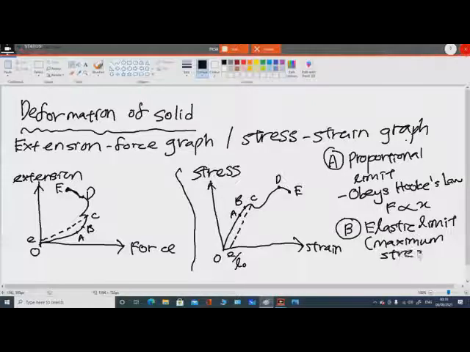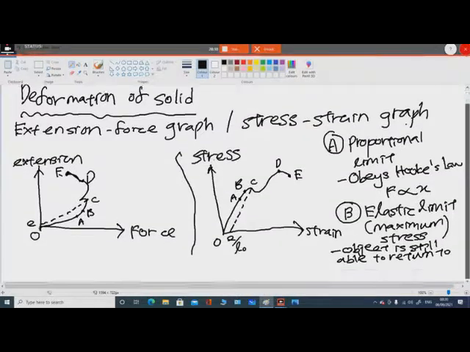Maximum stress here means the point where the maximum stress is applied while the object is still able to return to its original shape.